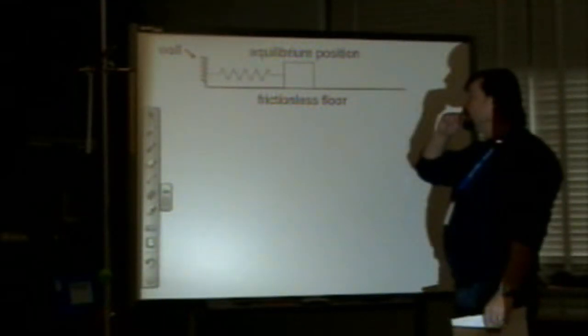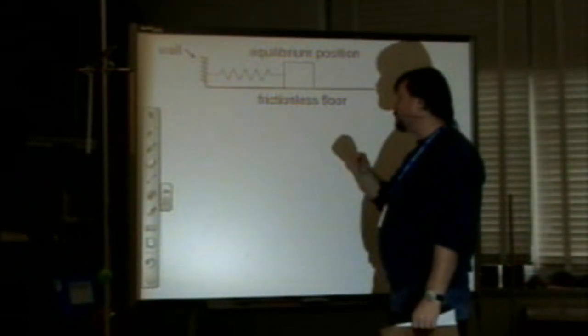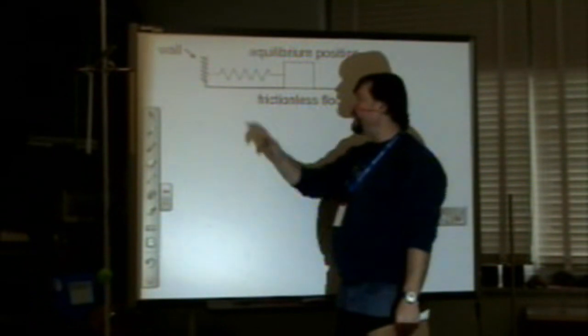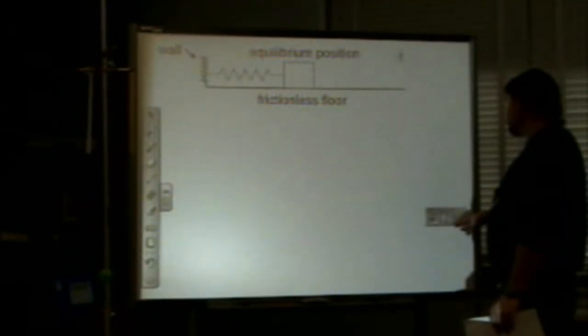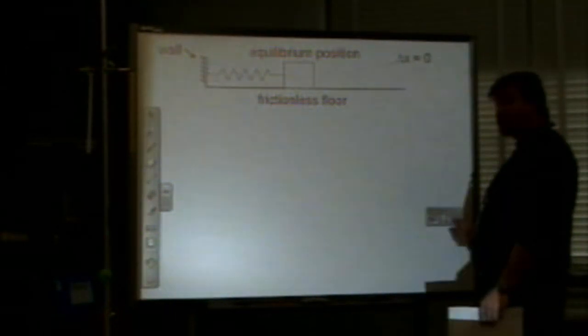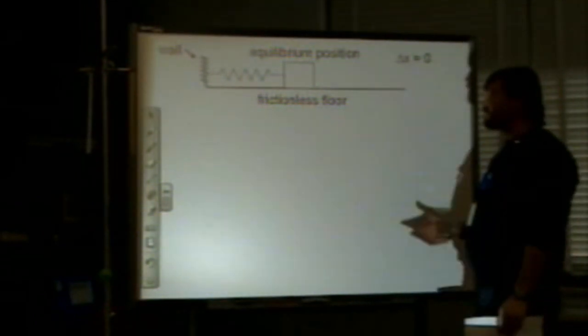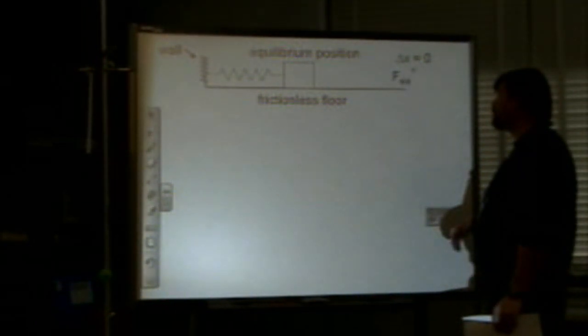All right, so we took a look at this system where we have a cart on an air track for a frictionless system and attached to a spring in equilibrium. And while it's in equilibrium, we could see that our displacement is 0, because this is where our starting point is. Our reference point is a 0 position for displacement.